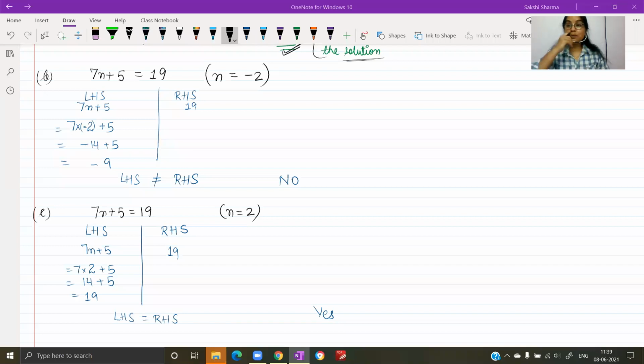Vitesh, beta, next our exercise is exercise 4.2. We will be doing all questions with balancing the equation method.